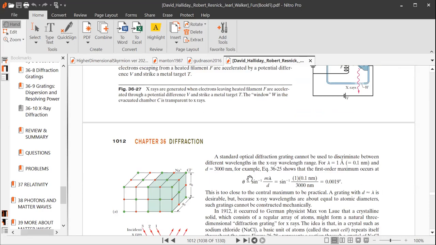This formula comes from the experiment. It's similar to interference, for this maximum interference, okay? But this formula comes from the experiment.